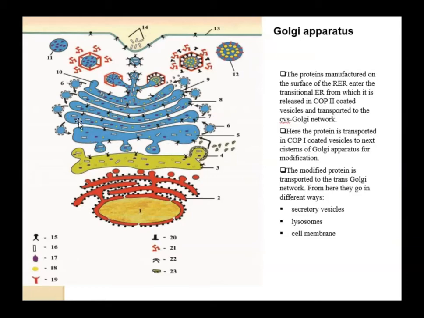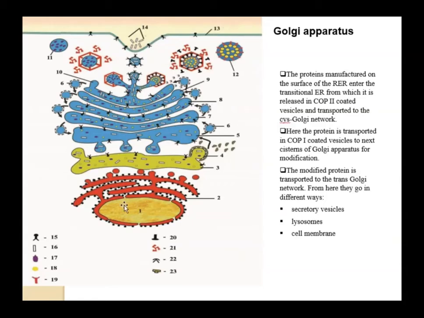The next component is called the cis face, then the intermediate face, then the trans face, and finally we can see this network, which is composed of tubules and vesicles, and it is called the trans-Golgi network or distal tubular vesicular network. So these are the components of the Golgi apparatus.